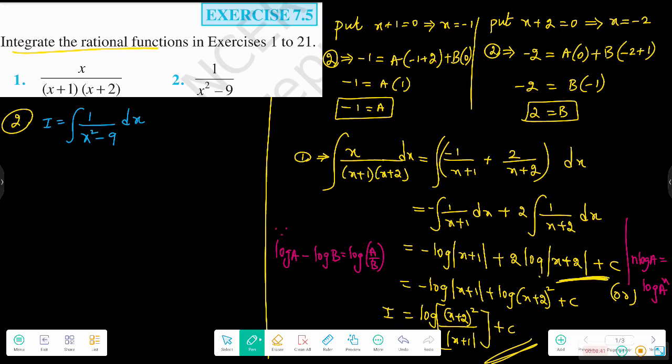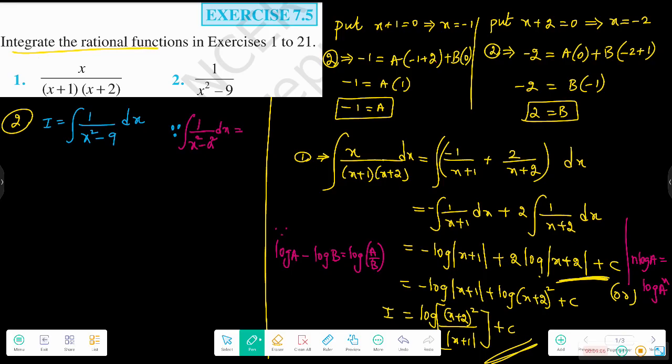Integral of dx by x square minus a square. The formula you said: 1 by 2a, log of x minus a divided by x plus a. That formula you have to use.